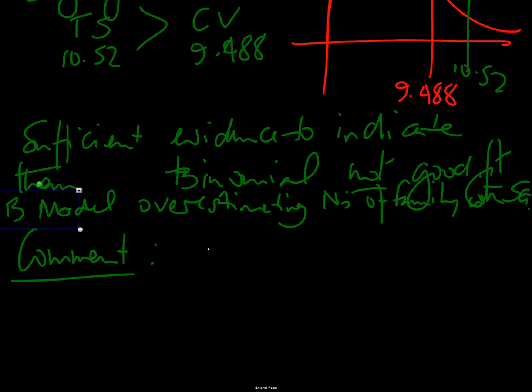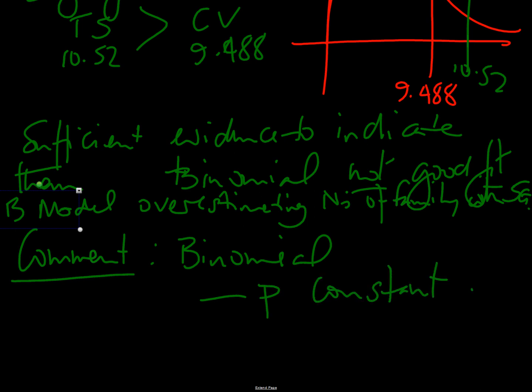They asked us to comment in relation to binomial. Well, what do we know about binomial assumptions? Well, we know that P must be constant, and our other one is that the trials are independent. Those are our 2 big ones for binomial. So what can we say about this?